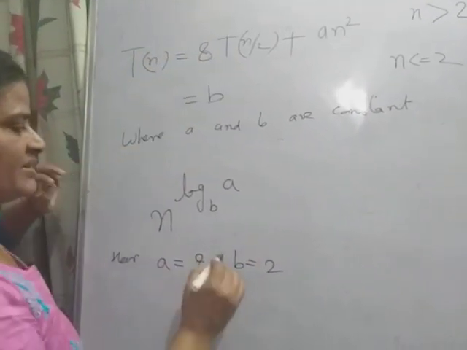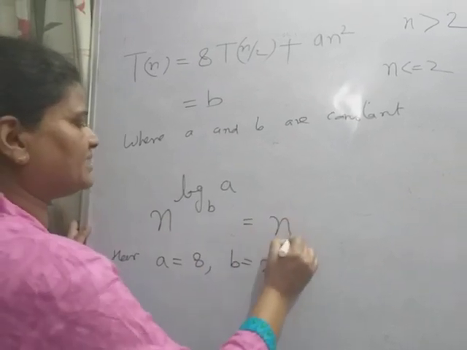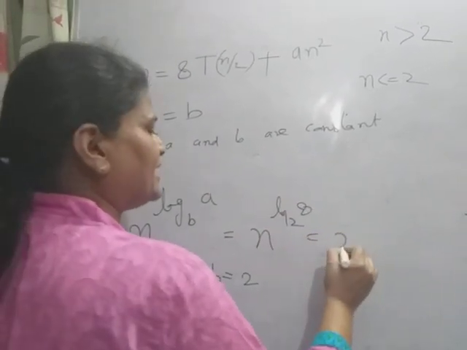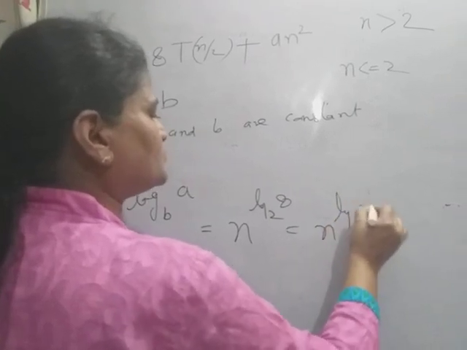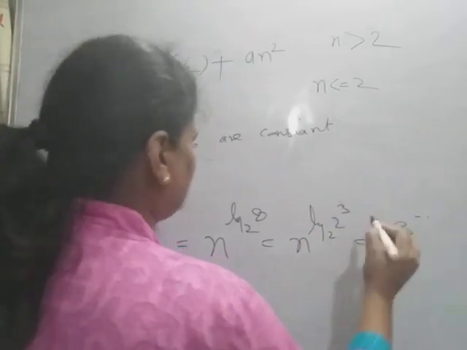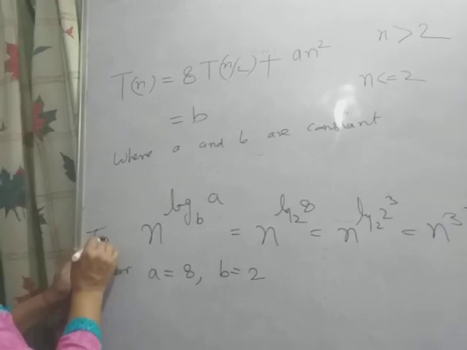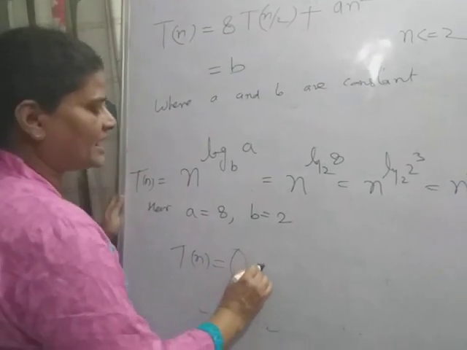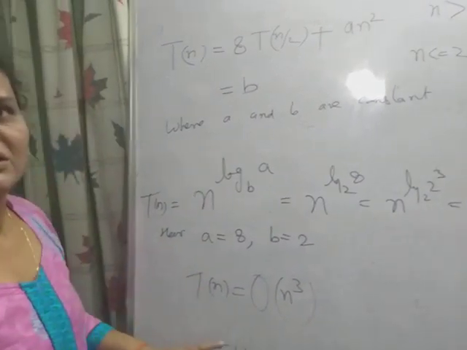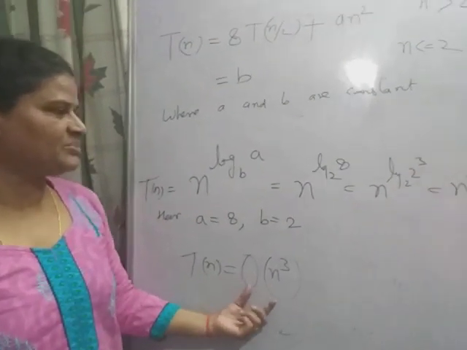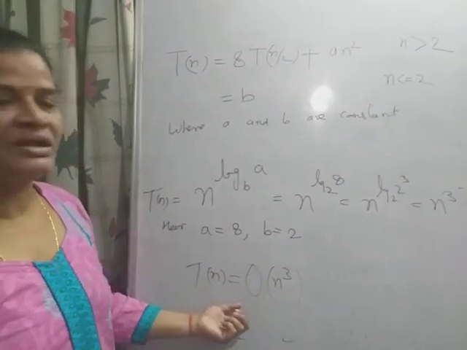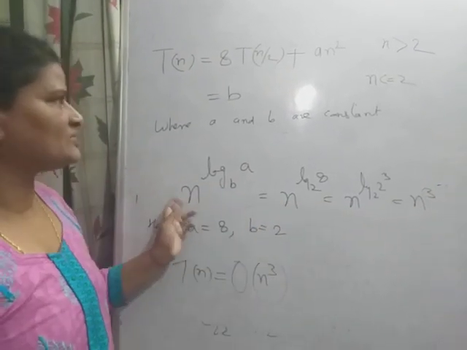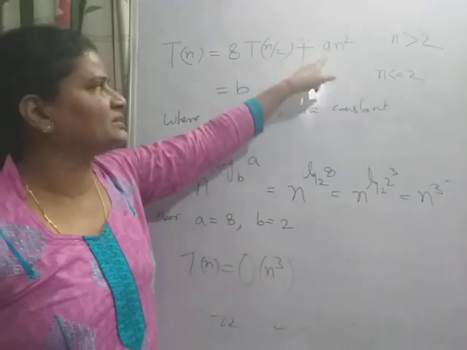So n to the power log 2 8, that is n to the power log 2 of 2 cube, that is n cube. So here T(n) is order of n cube. If you are solving it with this, you compare it with what?